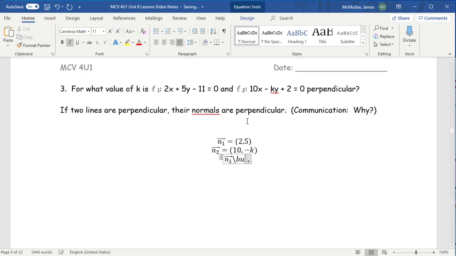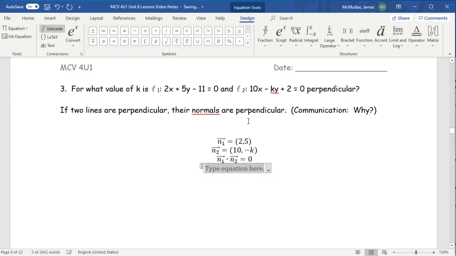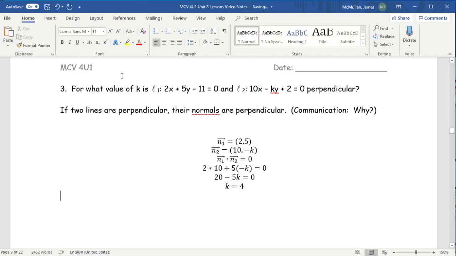Oh, because not dot, it's bullet, right? Yeah, okay, sorry. n1 vec bullet n2 vec equals 0. Therefore, 2 times 10 plus 5 times -k equals 0. 20 minus 5k equals 0. And k equals 4. So that's the value of k for which the two lines are perpendicular.